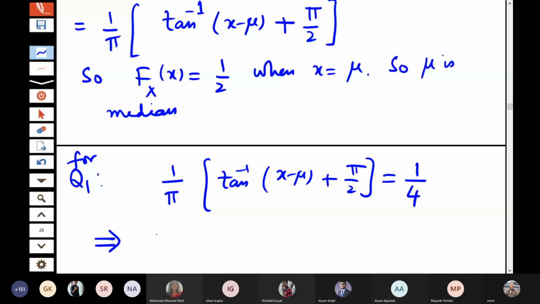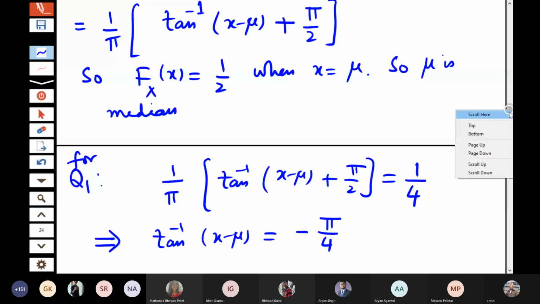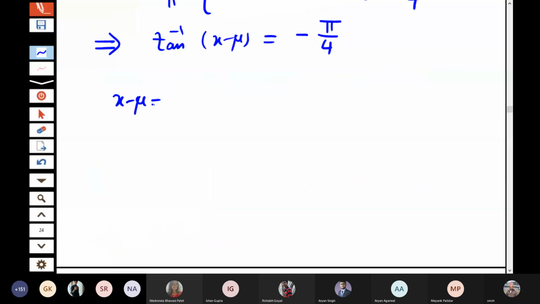So this gives me tan inverse of x minus mu equal to, taking pi by 4 to this side and then putting minus pi by 2, minus pi by 4. So you will get x minus mu equal to minus 1. That means x is equal to mu minus 1. So that is the first quartile.